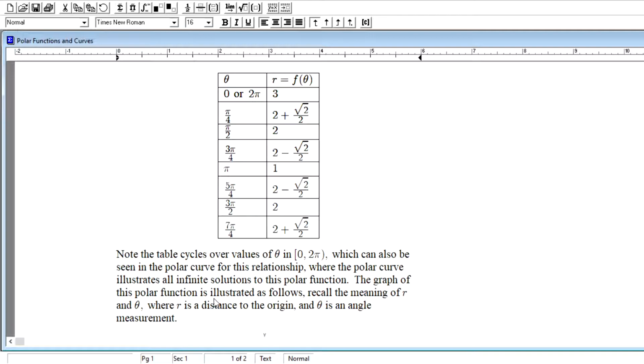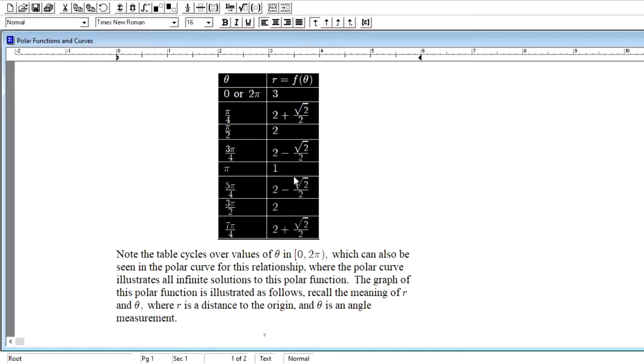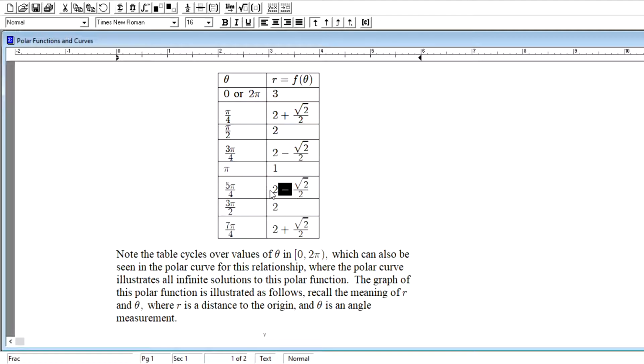And the graph of this polar function is illustrated as follows, where what you will want to recall is that in this illustration, these values of r that we see in the table are going to be distances from the origin, and these angle measurements of theta are going to represent an angle measurement that forms between the radial arm and the positive x-axis, where we happen to find each of these corresponding solutions.